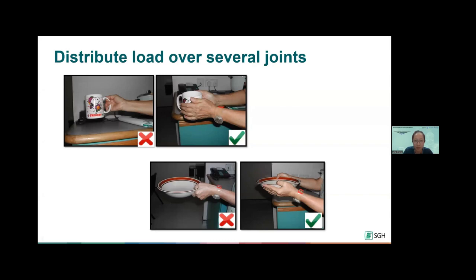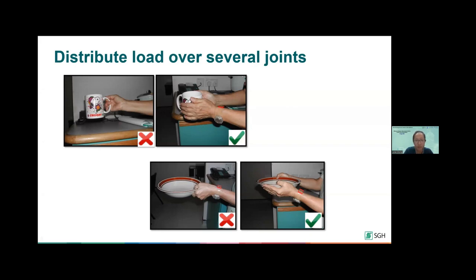And then at the bottom, you look at how the plate is being carried. It is also putting a lot of force on the finger and the thumb. If you look at the angle of the wrist on the bottom left side, you notice how the wrist and the fingers are all angled towards the side of the little finger.